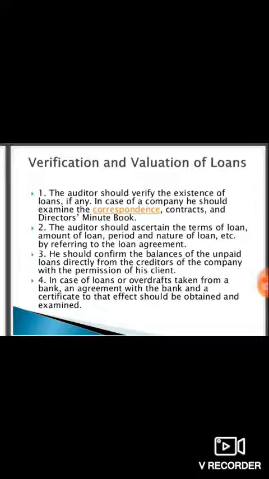And next, in case of loans or overdrafts taken from bank, an agreement with the bank and a certificate to that effect should be obtained and examined. So when they have taken the overdraft, and from which date they're going to charge interest on the overdraft, these things should be obtained from the bank to evaluate the loans better.